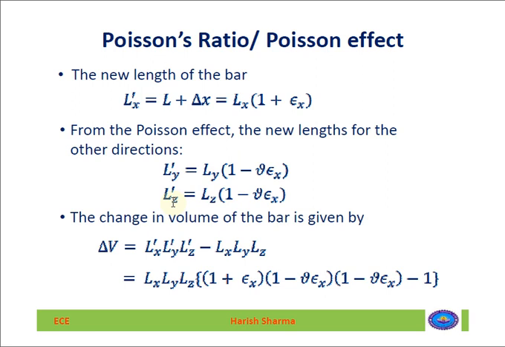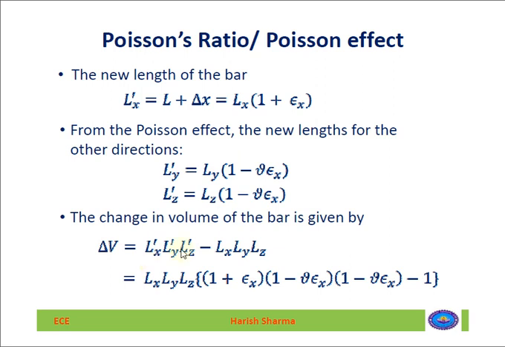So del V, the change in the volume, is the new volume minus the previous volume. The new volume is Lx dash into Ly dash into Lz dash, minus Lx, Ly and Lz, the original volume. That will give you the difference, that is the change in the volume.